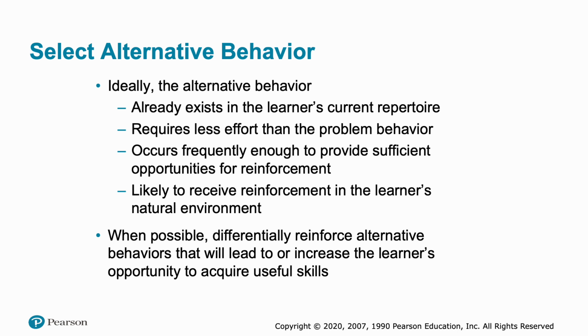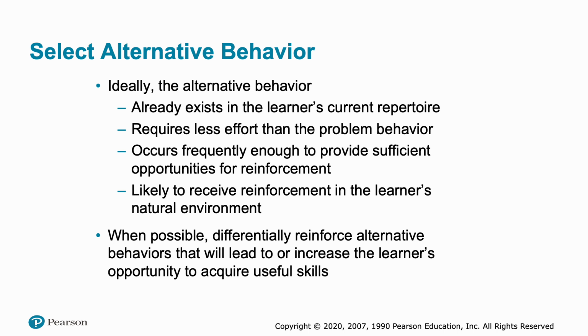We definitely want a behavior that's easier to engage in than the problem behavior itself. We want a behavior that occurs frequently enough to provide sufficient opportunities for reinforcement. And if that behavior doesn't occur often enough, then it's okay for you to go ahead and prompt that behavior in order for the learner to engage in that behavior and then be able to access reinforcement.